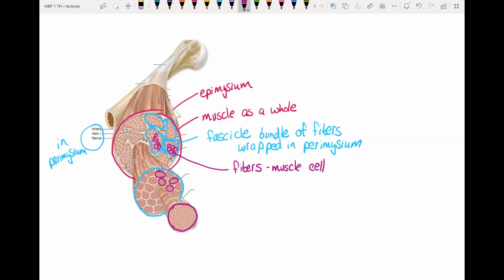So when we're dealing with muscles, we tend to say a muscle fiber instead of calling it a muscle cell, but it is just a cell. And muscle cells are long tubes of protein. And most cells in your body only have one nucleus. Muscle cells are the exception. They have multiple nuclei.